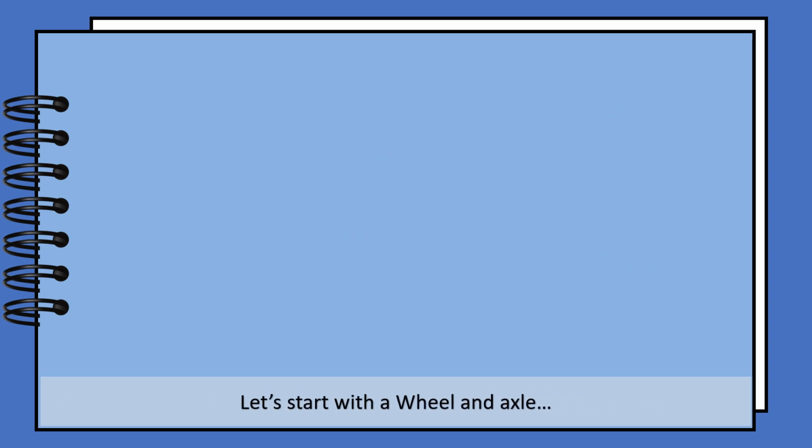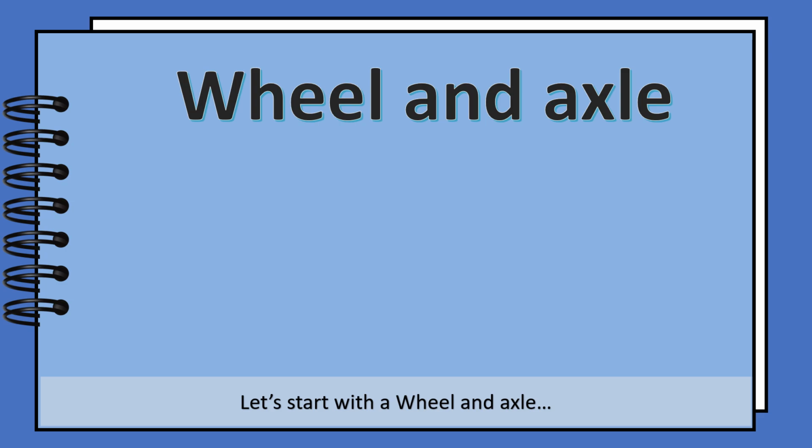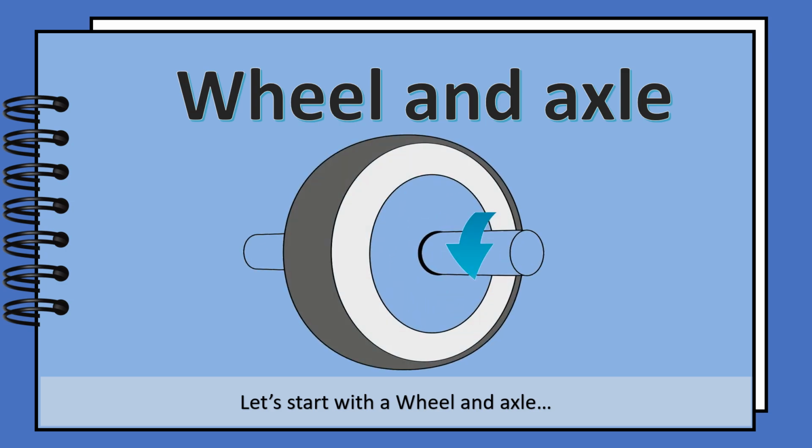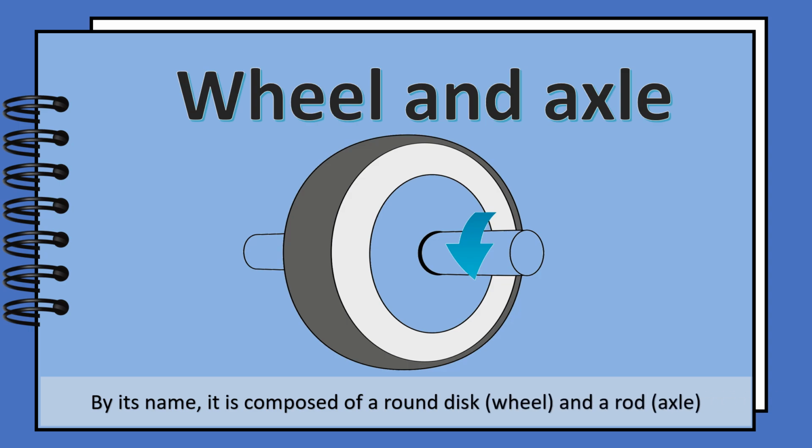Let's start with wheel and axle. By its name, it is composed of a round disc called the wheel and a rod called the axle.